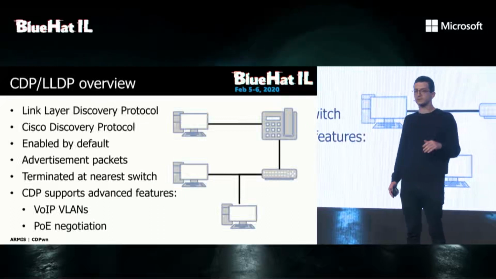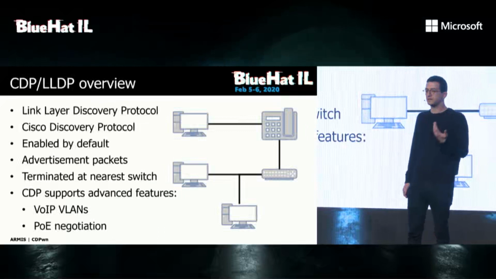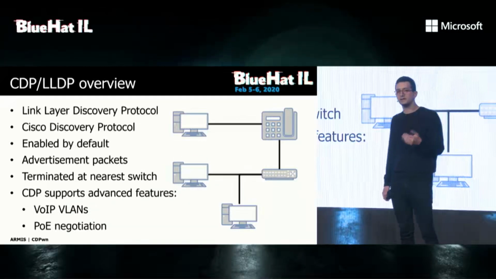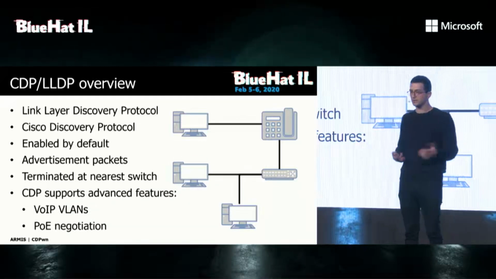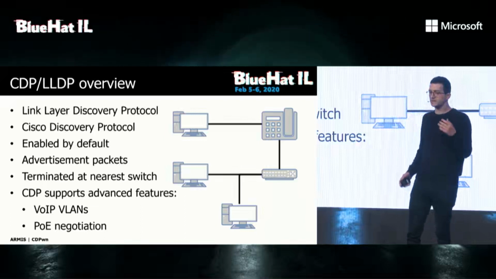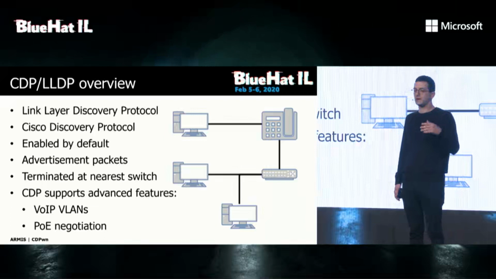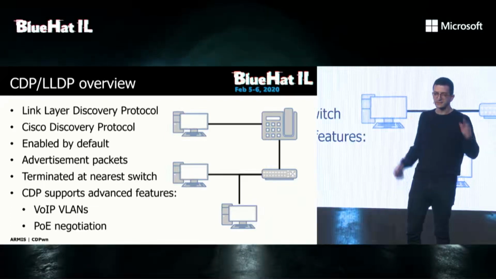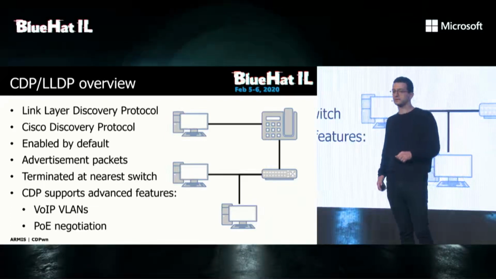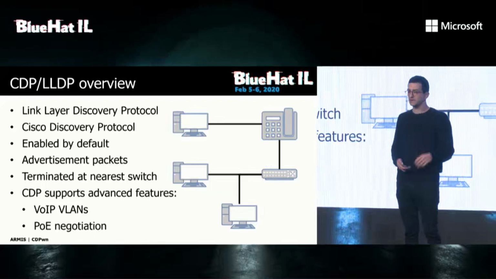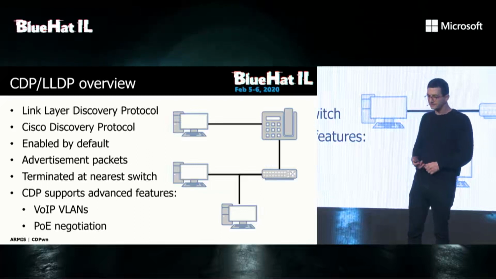They are simple discovery protocols, meant for devices to discover one another in a network. They're almost similar in functionality, only LLDP is the standard protocol, and CDP is Cisco's version of LLDP.